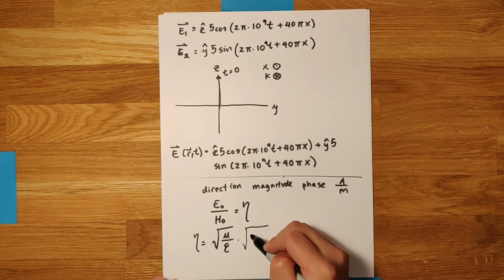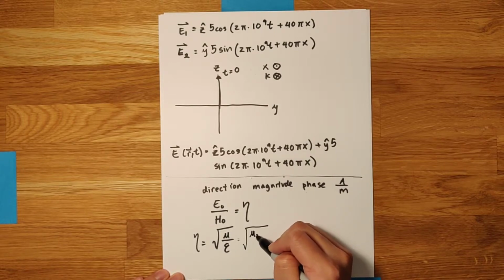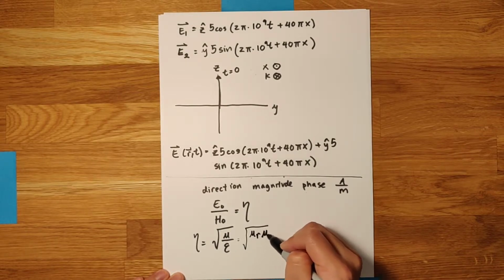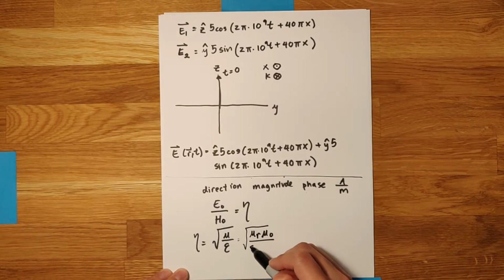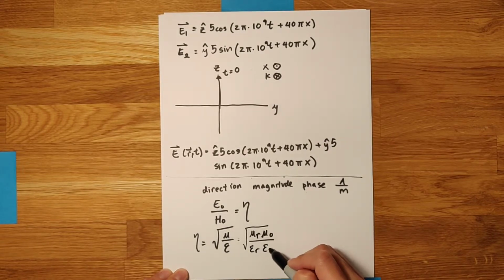The magnetic permeability is equal to the relative permeability times mu naught, for air or vacuum, and the same can be said for epsilon r and epsilon naught.